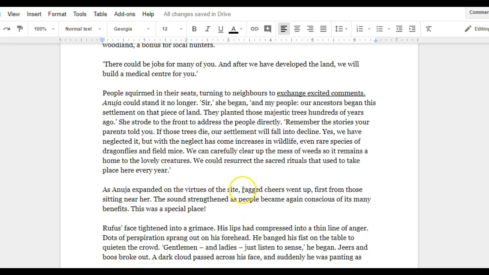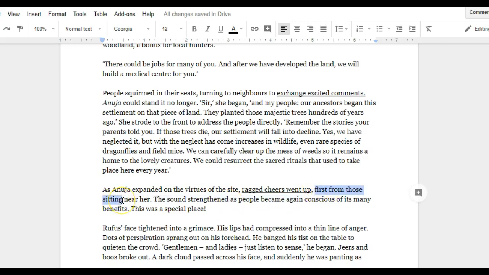Okay, so we've got a turning point here. If it was Anuja versus all of the people in the settlement, it was definitely Anuja on her own. But now they're starting to shift back along that spectrum. So we've got a turning point here. First from us sitting near her, so it's a growing turning point. The sound strengthened, and I think that's important.